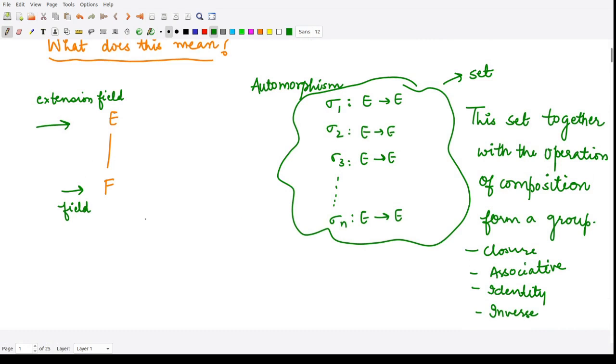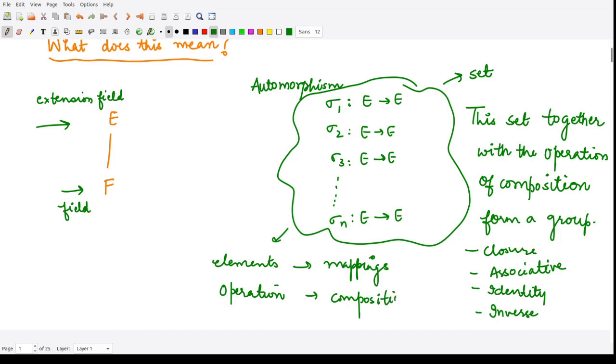Here the elements of this set are mappings or functions, and the operation that is defined here is that of composition. That means you are doing composition of one mapping of another. That is the operation that is being performed.